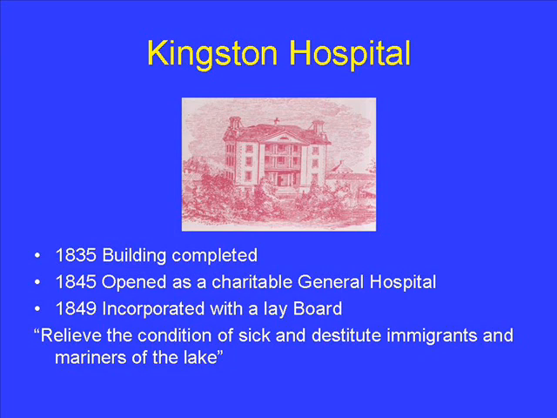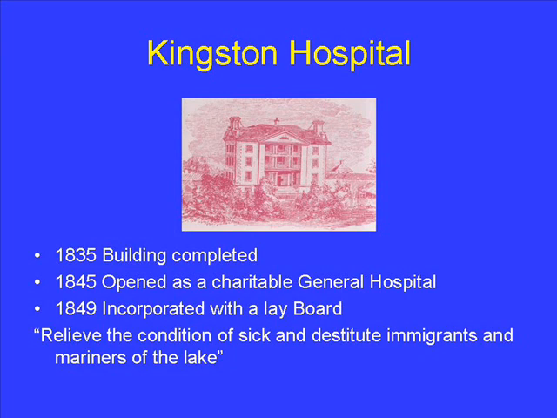And in 1833, the government of Upper Canada finally gave them a grant of £3,000, and this building, the main building of the Kingston General Hospital, was built and completed in 1835.